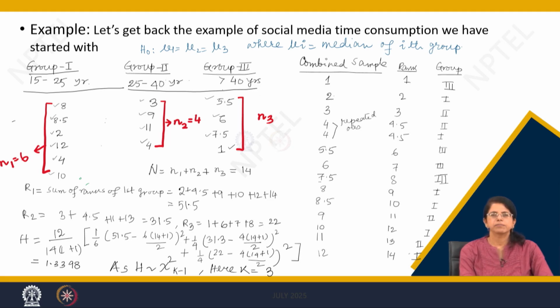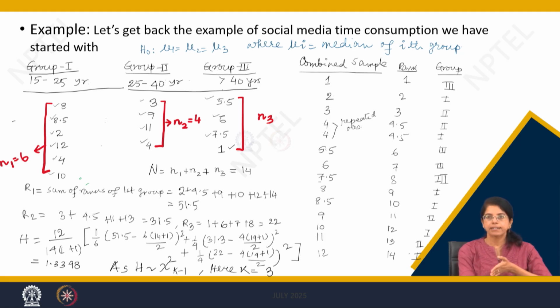Finally, just by replacing the values of R1, R2, R3 in the mathematical expression of H, after a certain algebraic exercise, you can figure out H as 48. As H, we know that H follows chi-square with k minus 1 degrees of freedom, and here k is 3.